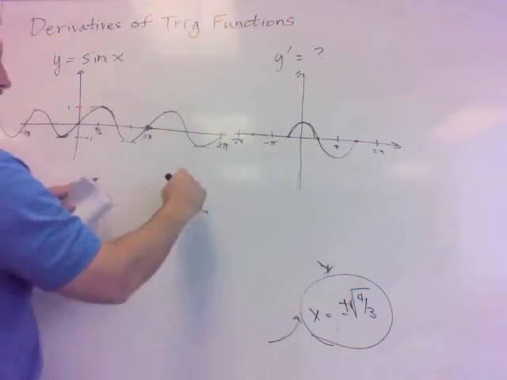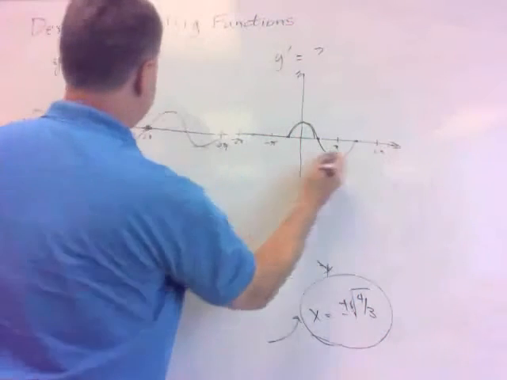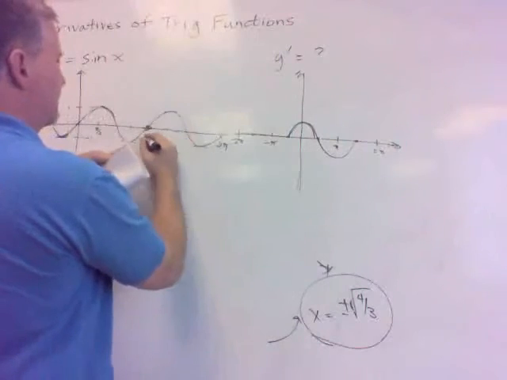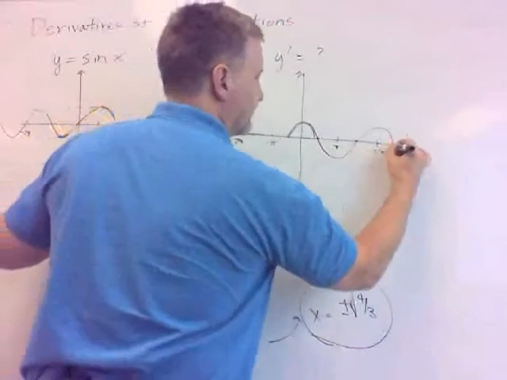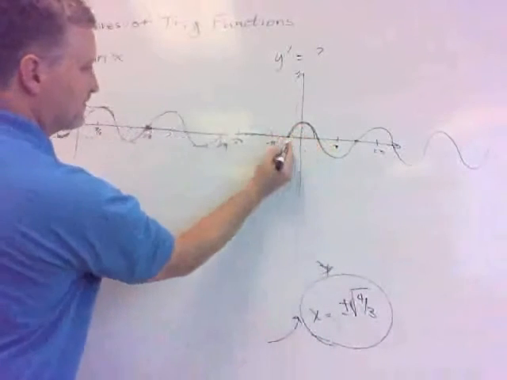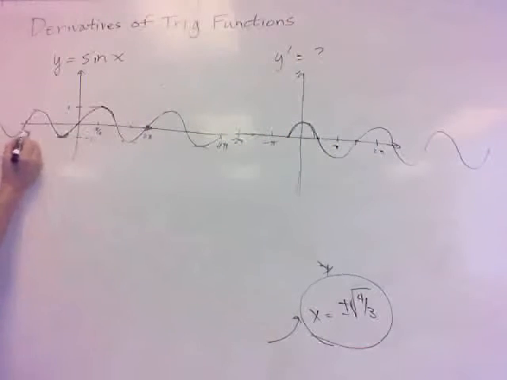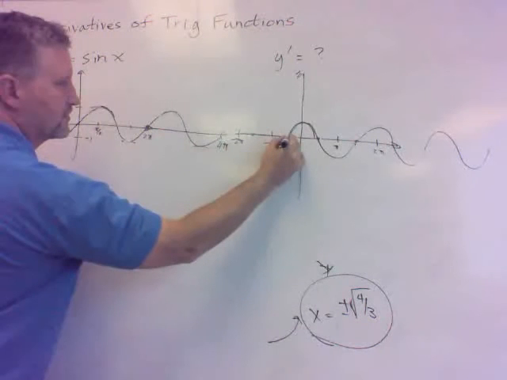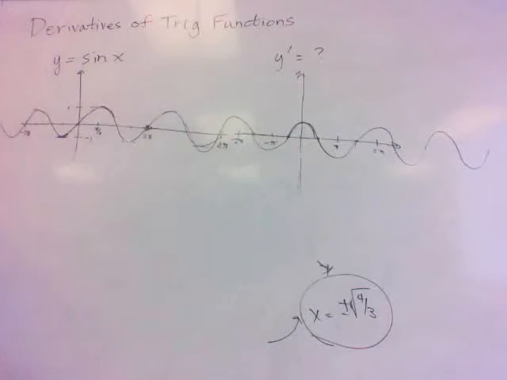Then from this peak to this peak, we're back to positive. Then we're negative, and then positive, and then negative. From negative pi over 2 to 3 pi over 2, that's negative slopes. It's doing the same thing back here.